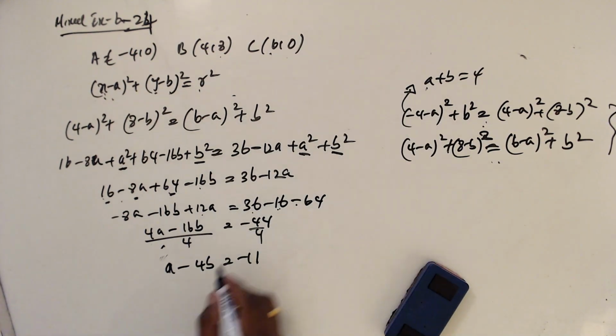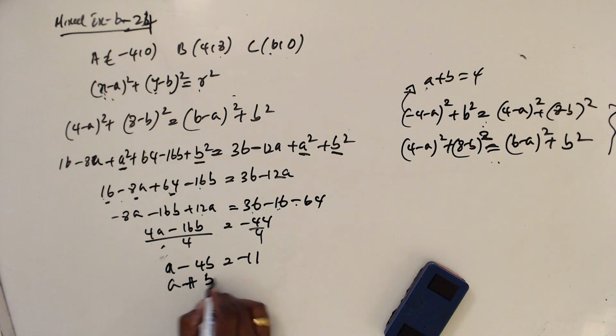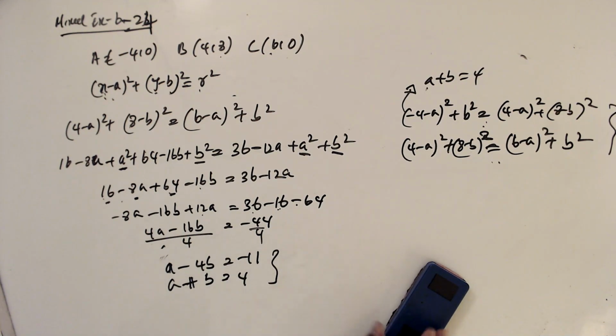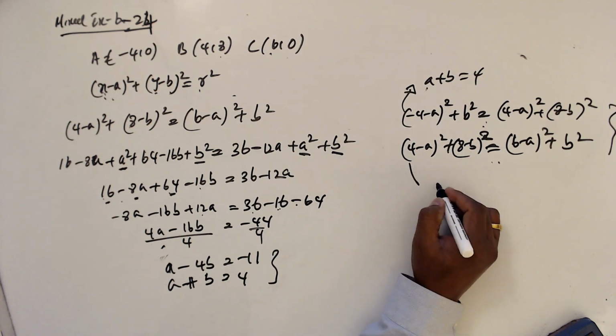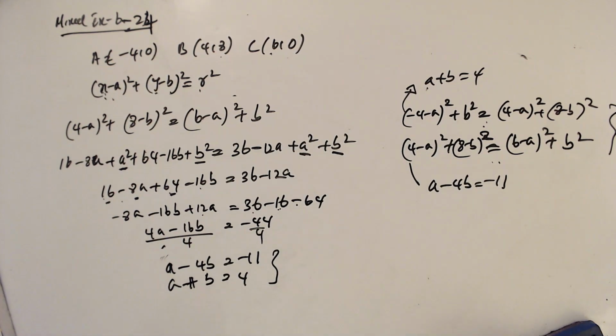Now I'll rewrite this one. a + b = 4. Now we have to solve these two. So we have a − 4b = −11.